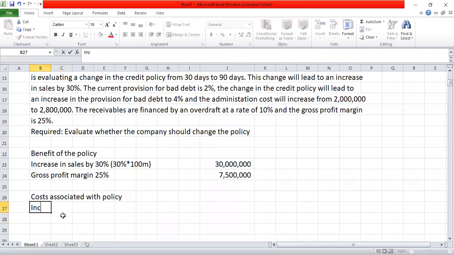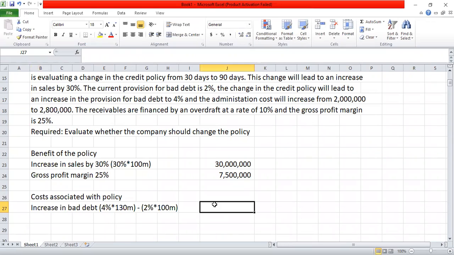So we are going to have an increase in bad debt, which is going to be 4% times 130 M minus 2% times 100 M. That is 4% times 130 minus 2% times 100.